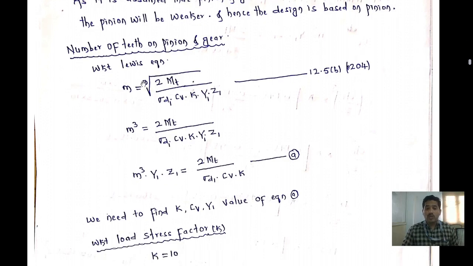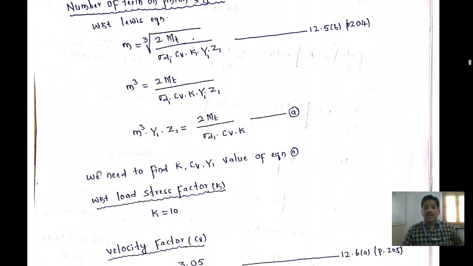After that, if you remove this cube root, it becomes the power: m cube equals 2 Mt by sigma d1 into Cv into K into y1 into z1. But our intention is to find out the values of y1, z1 and Cv, because we already found the value of Mt, the moment of torque, and we already know the static strength of the pinion very well.